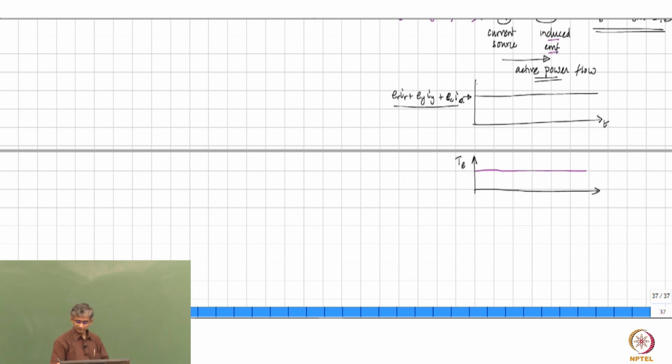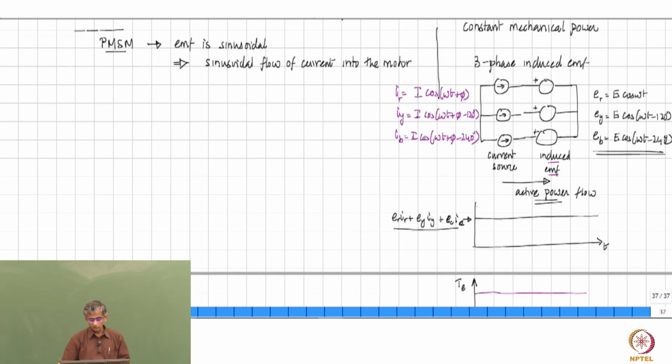Because of this, you want the flow of current to be sinusoidal, and if you want sinusoidal flow of current into the source, into the induced EMFs, what should be the nature of output voltage generated by the inverter? That should also be sinusoidal.